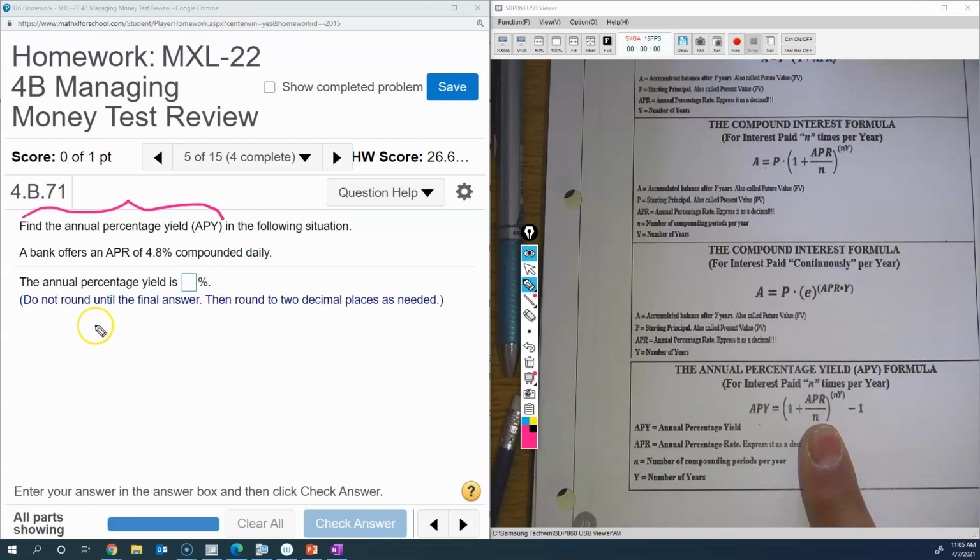Okay, so to get the APY, I go 1 plus the APR, 0.048, divided by N, N is 365.